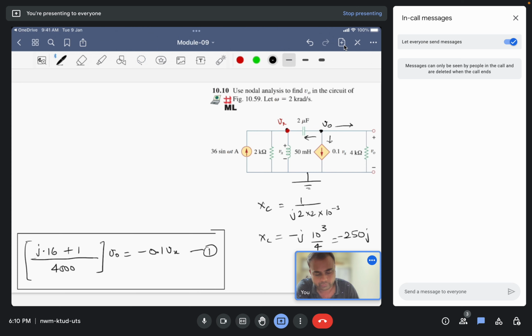And from the other node Vx, we are to again write the equation. Again we'll take the current moving away from the node. First of all, there is a current source of 36 sine omega t. Converting this into a phasor, this will be 36 angle minus 90 degree, since there is no phase angle phi, it is 0, so minus 90, and omega value is already given in the problem, that is 2000 radians per second.